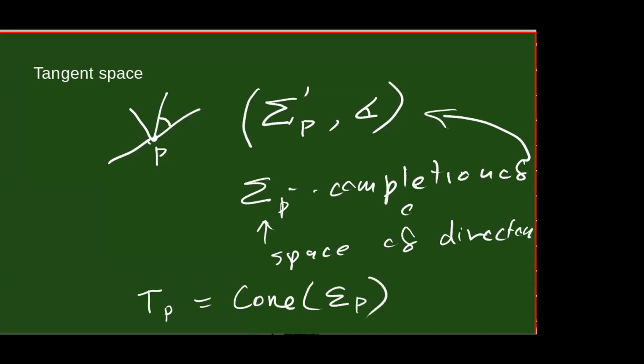So that's the definition, and it's a cone. The tangent space of a space with lower curvature bound has non-negative curvature in the sense of Alexandrov, but at the same time, it might not be an intrinsic space, so it might not be a length space.